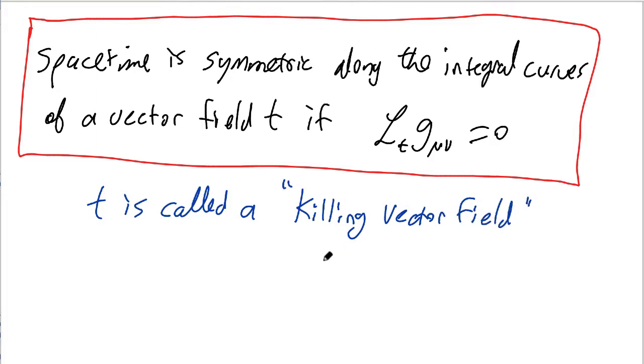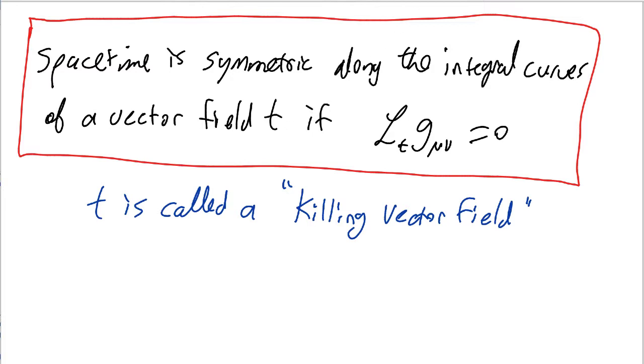Before I continue, let me make a comment about notation. I've been using the letter T for the vector field. That choice comes from the first letter in the word tangent for tangent vector, but it's probably a bad choice because we often use the letter T for one of the coordinates.